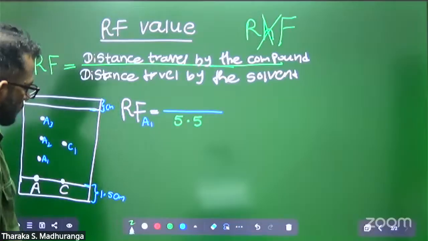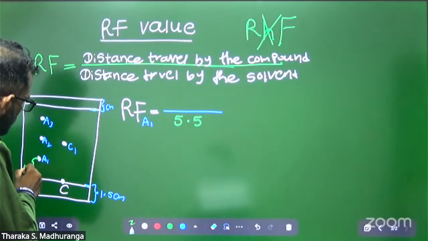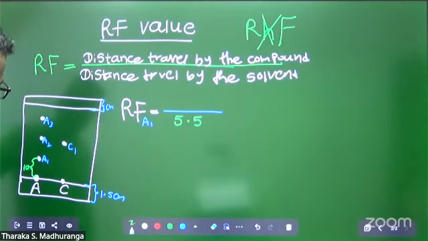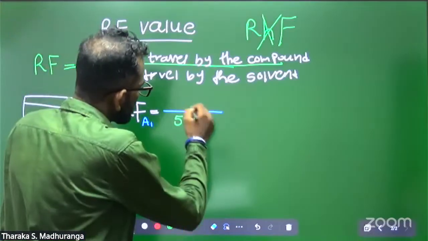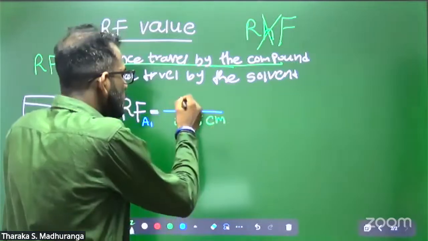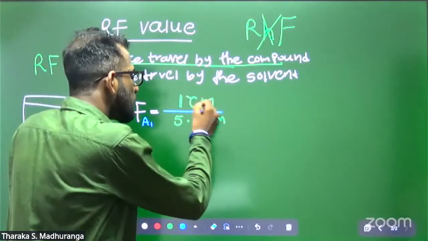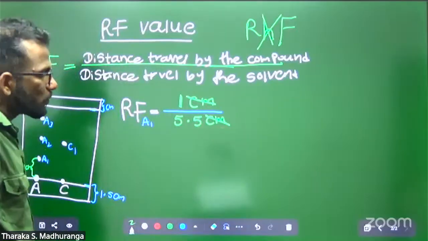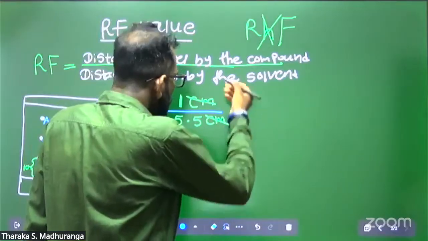Now, what is the A? Think the A1 distance is 1 centimeter from the baseline. Then think it is 1 centimeter. Now, centimeter to centimeter cancel out. The RF value is coming 1 over 5.5.